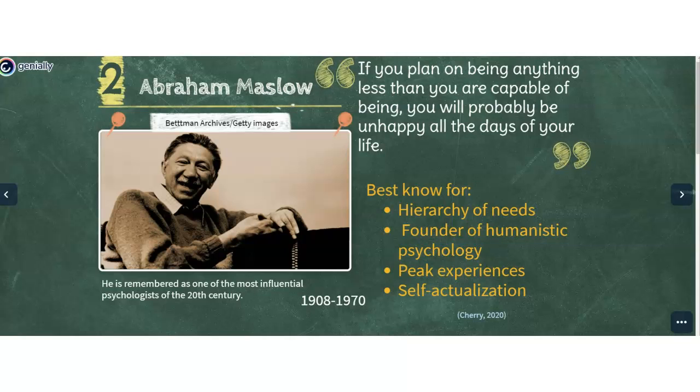During the 1950s, Maslow became one of the founders and driving forces behind the school of thought known as humanistic psychology. His theories, including the hierarchy of needs, self-actualization, and peak experiences, became fundamental subjects in the humanistic movement.